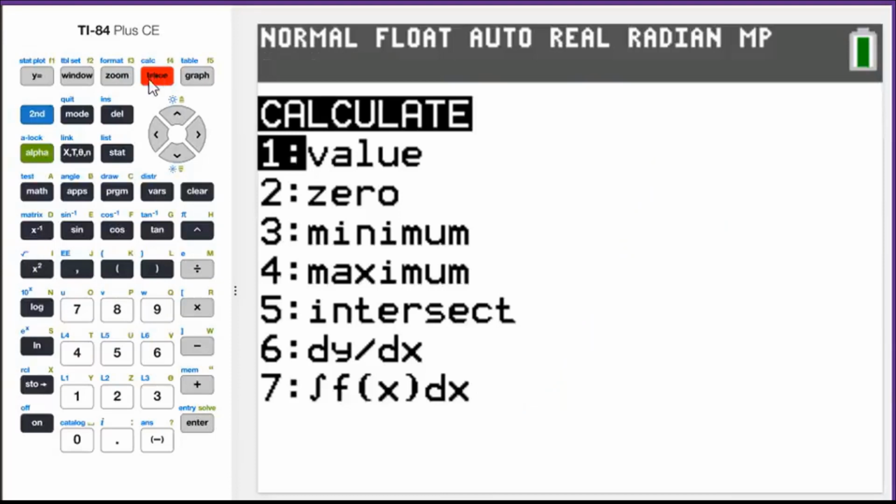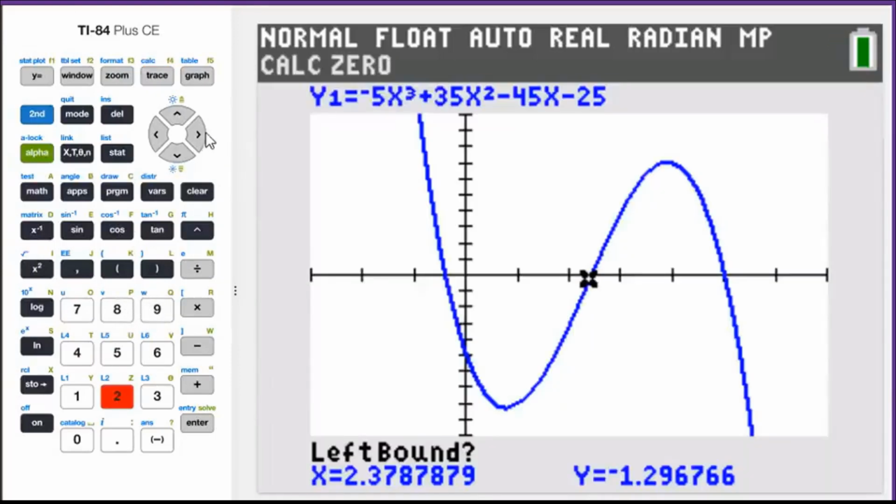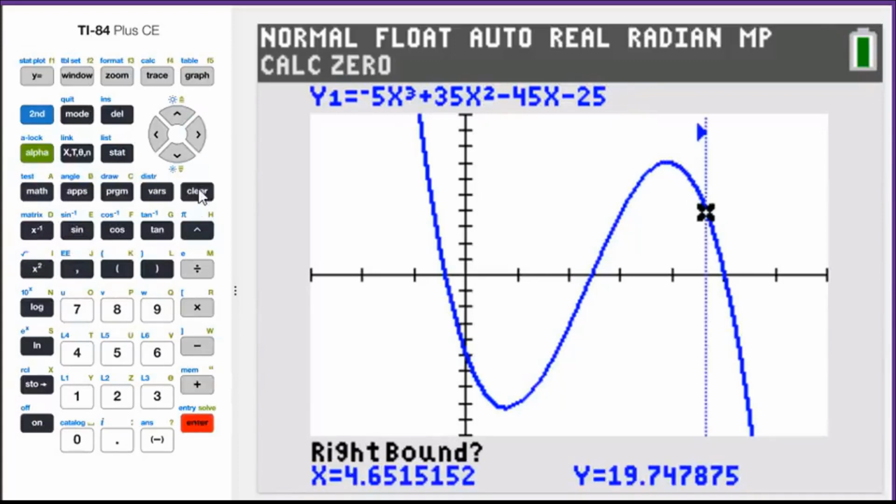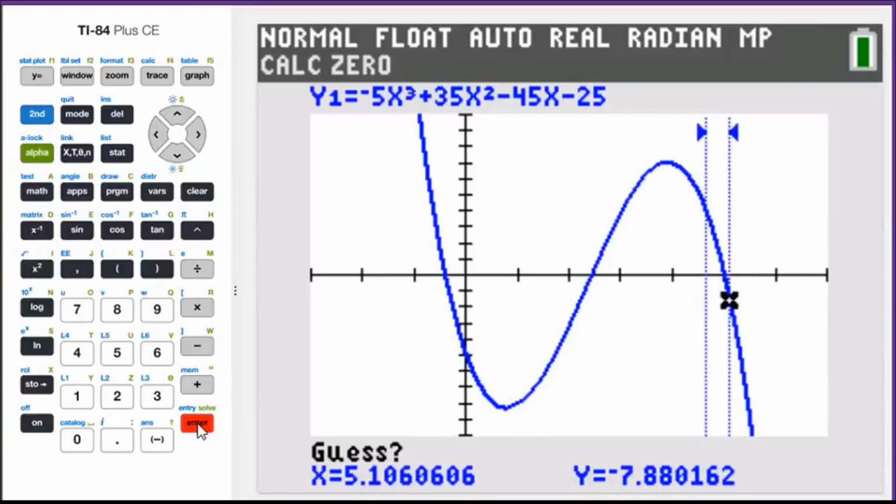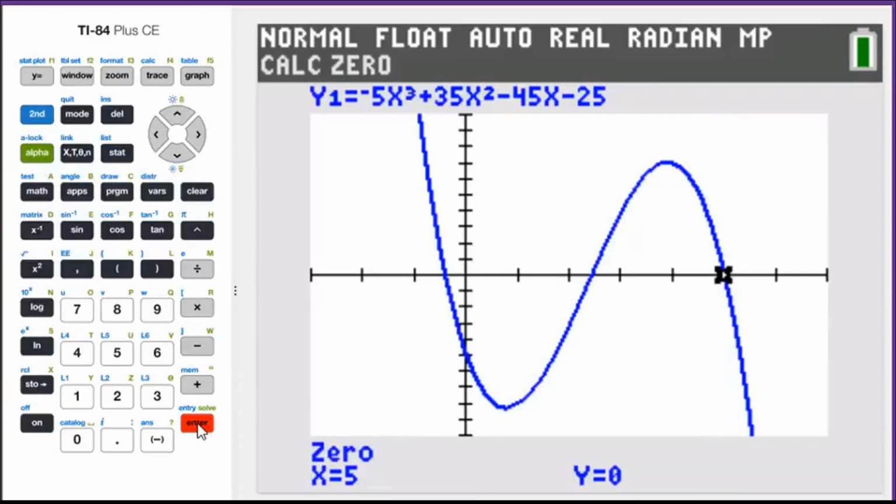Second trace, do the 2. So move the arrow to the left side of the third 0. Okay, I see, enter. Then go to the right side of the 0, enter. Enter again. That's the third 0.